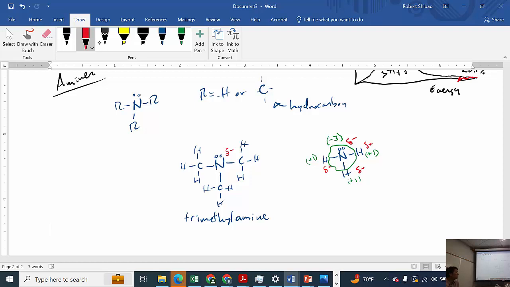What's the oxidation state of hydrogen in ammonia? It's the green number here. The oxidation state of hydrogen in ammonia is +1. And so there's one other difference here we can see.